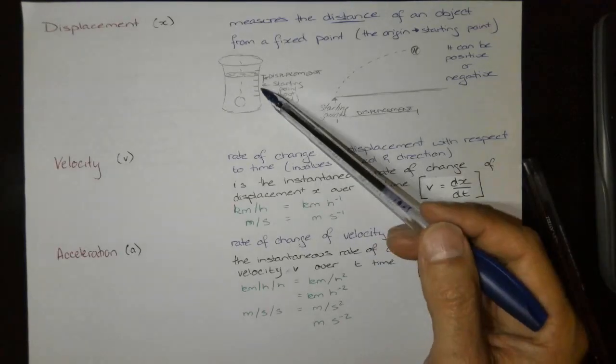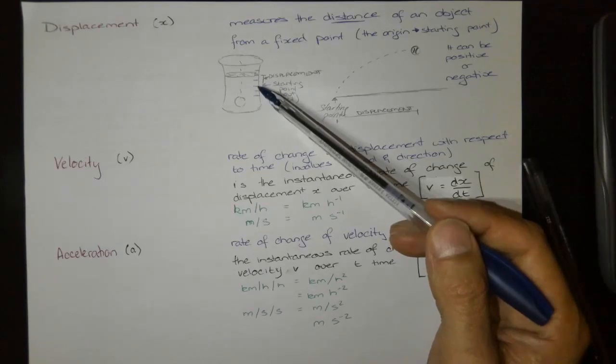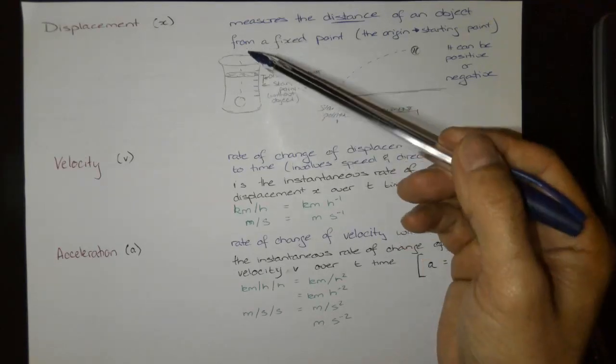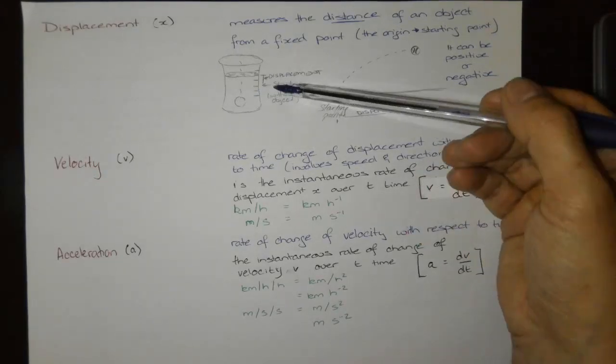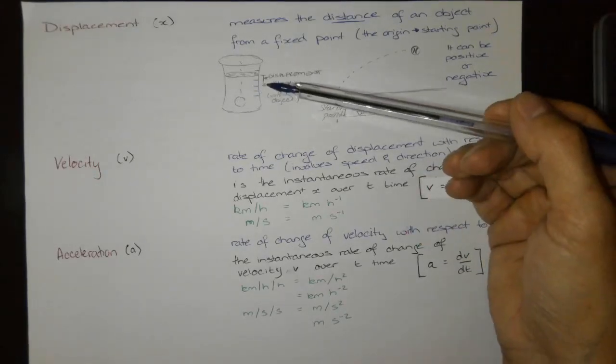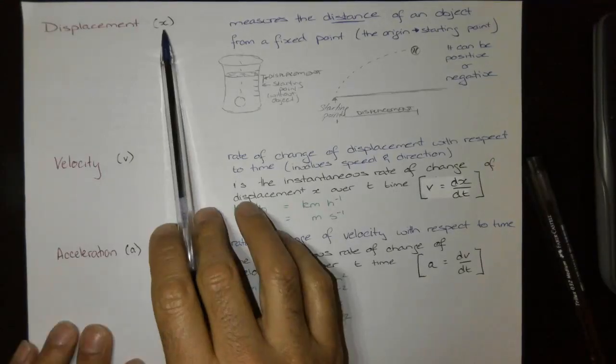Or if you have a bottle of water and the liquid starts at some point, we put in another object, the water rises, so that change is the displacement in the water. As it says, represented by x.